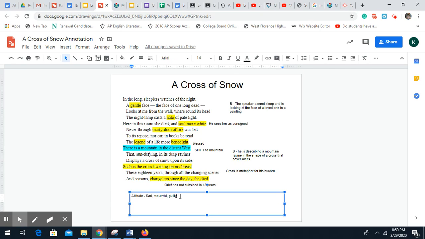So then we come to our thematic statement, our last thing. And I always tell my students that for their thematic statement, they need to make it in the form of a complete sentence.